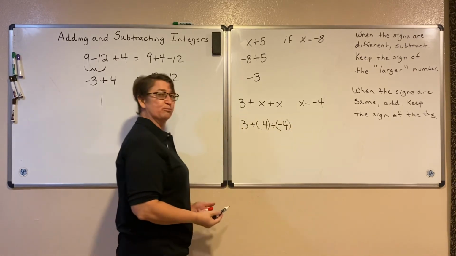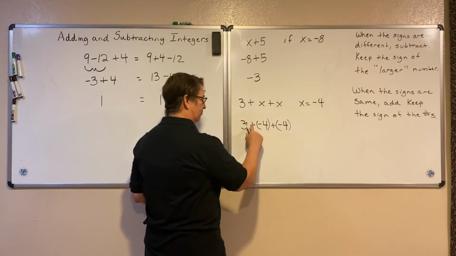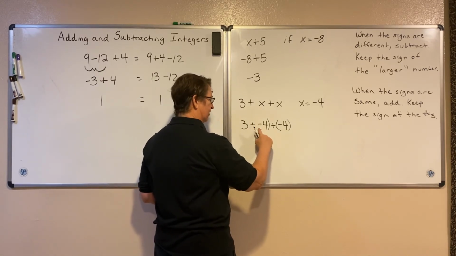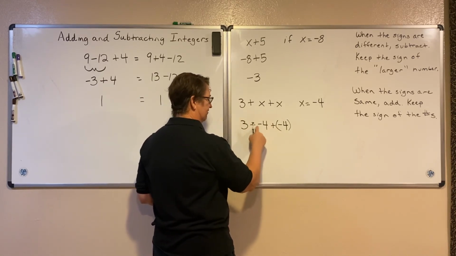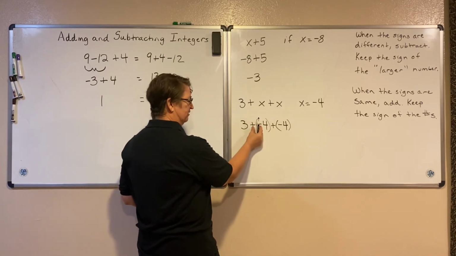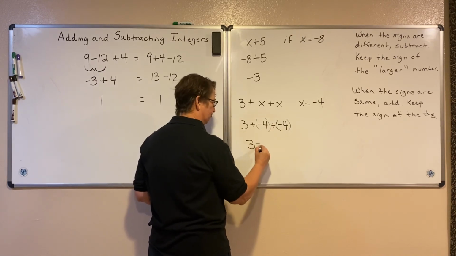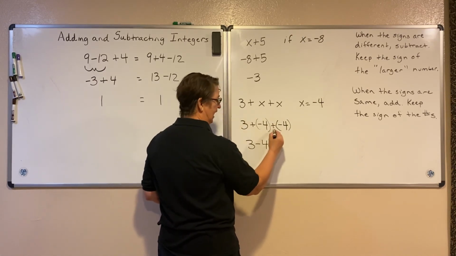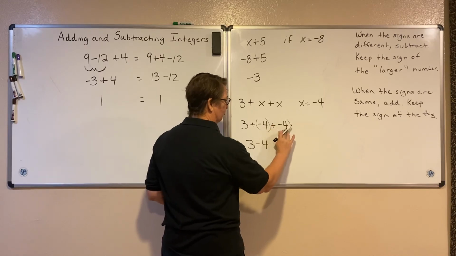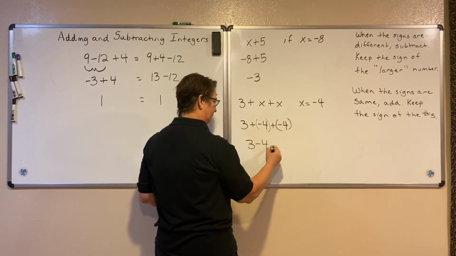And you can put it in parentheses if you prefer, but just remember that this positive and that negative, the negative wins. So really I could rewrite that as 3 minus 4. And again, with or without the parentheses, that negative wins out.